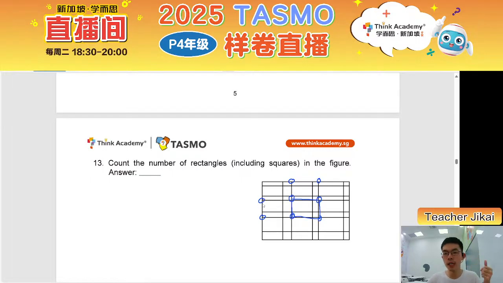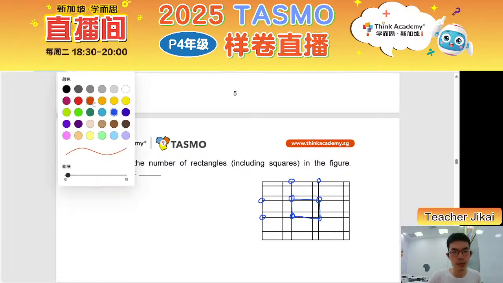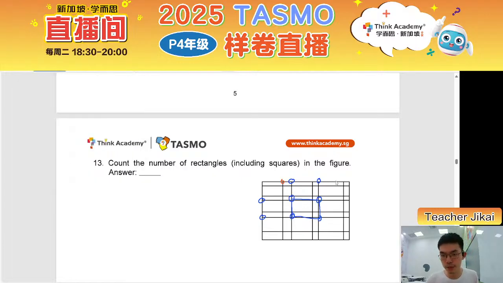So for the whole rectangle, you make them into selecting points on the length and breadth. Or you can just say, I want to select these two points on the length and these two points on the width. So what will the rectangle be like? Yes, it will be like this.